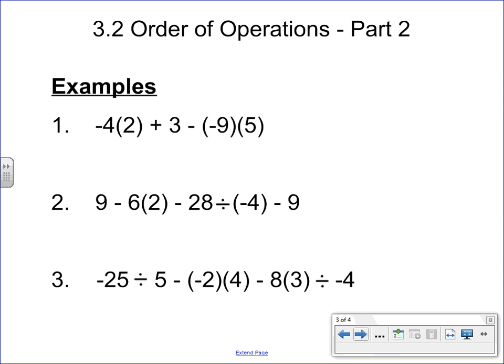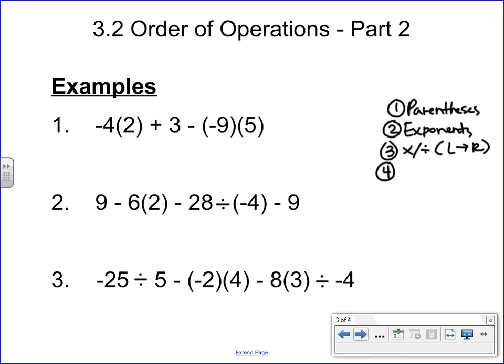So when we look at order of operations, we said first we have to do parentheses or grouping symbols. Secondly, we said exponents. Third, we said multiplication or division from left to right.